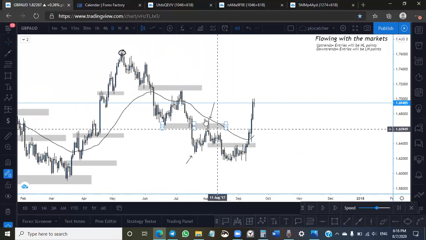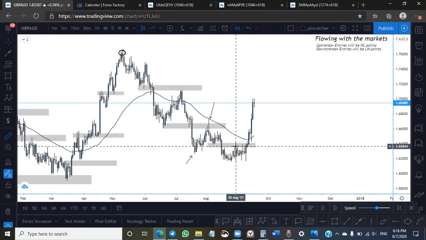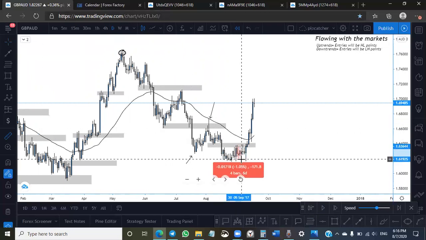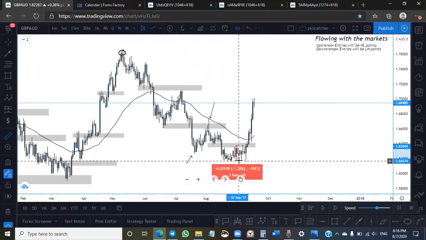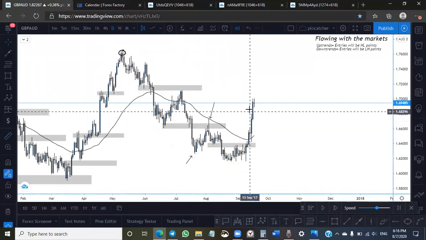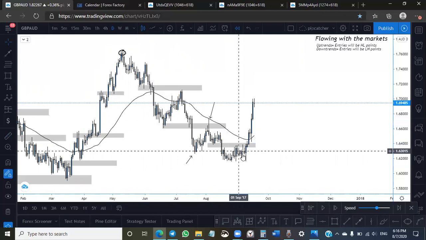So we are on the daily time frame. There was potential profit from the rejection of this zone, about a maximum of 192 pips, which is very great, right? But ultimately, this did break above that structure.